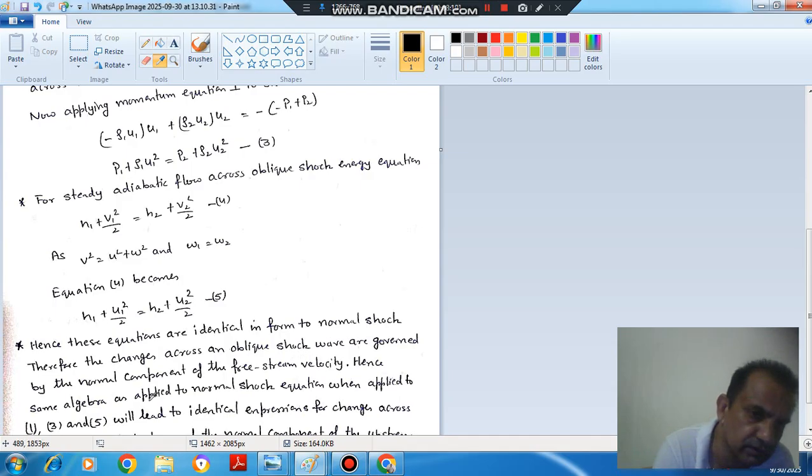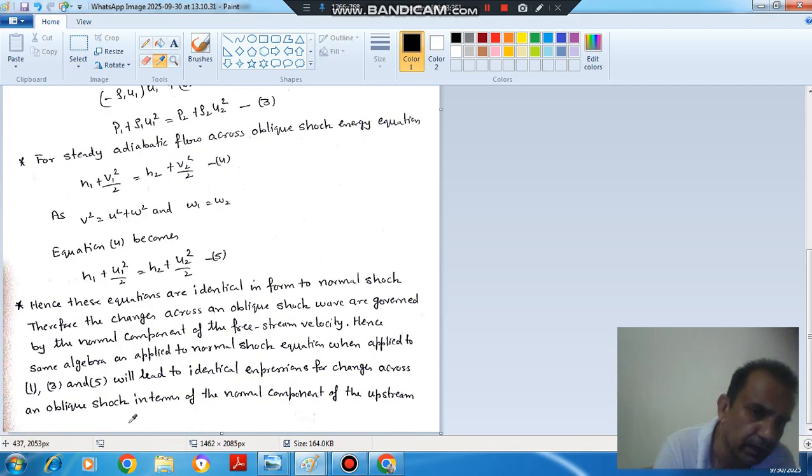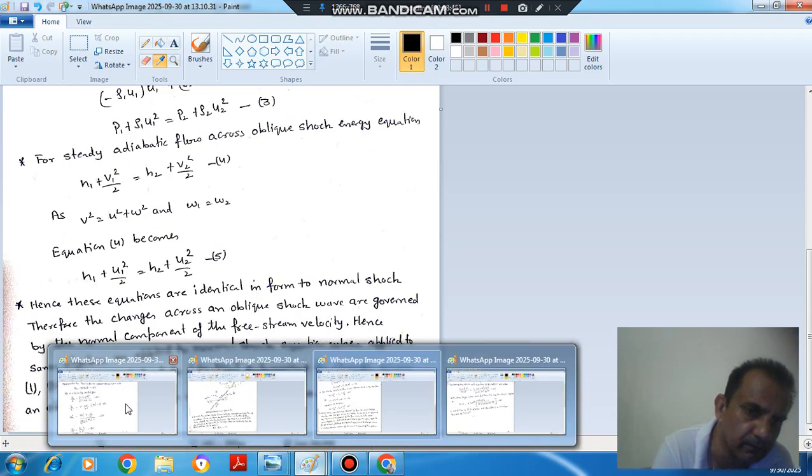Hence the same algebra as applied to the normal shock equations, when applied to 1, 3 and 5, will lead to identical expressions for changes across an oblique shock in terms of the normal component of upstream.